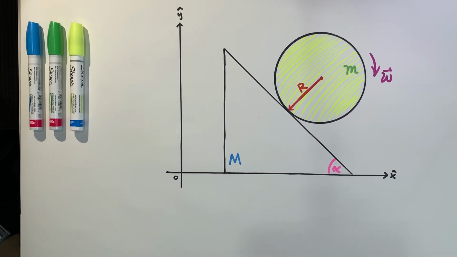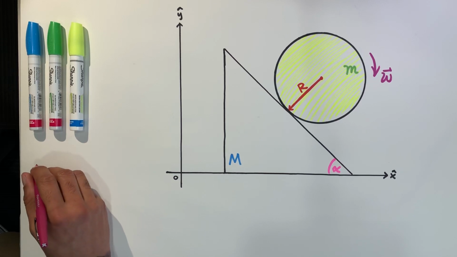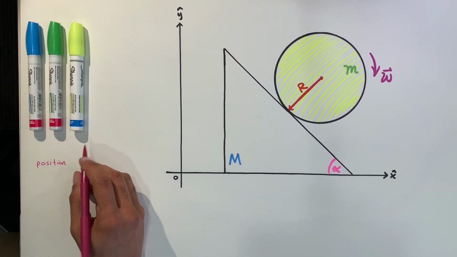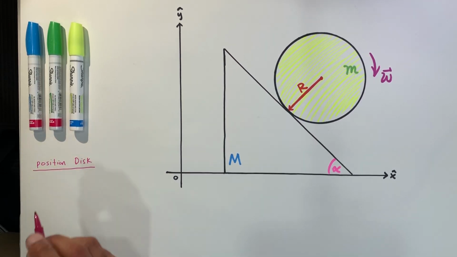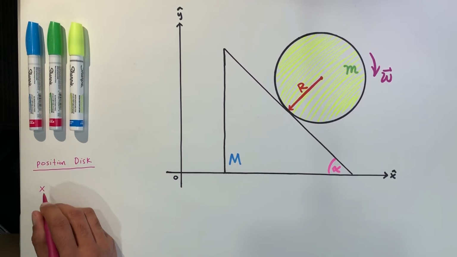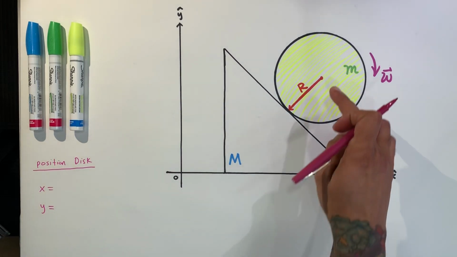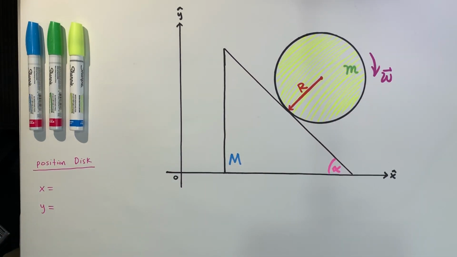So first, let's identify two things. We're going to want the position of the disc or the hoop, whatever you want to call it. So the position of the disc, that means I want the x coordinate and the y coordinate of where the center of this disc is at.